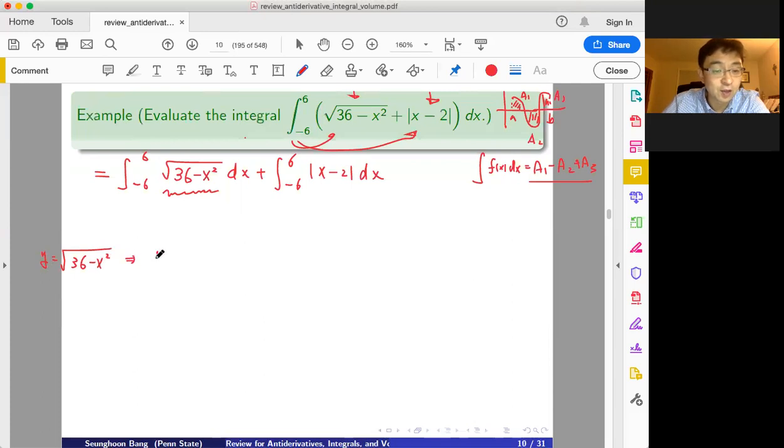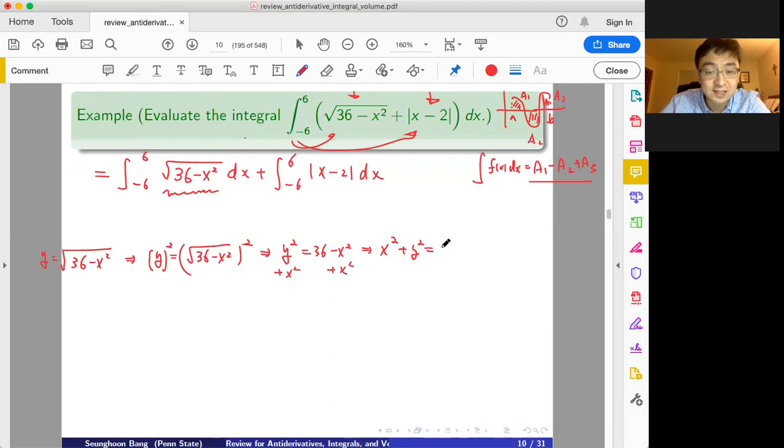Next, square both sides. So we have y squared equals 36 minus x squared. You can add x squared to both sides. So we have x squared plus y squared equals 36. 36 is 6 squared. So this is a circle. The radius is 6. The center is 0, 0.